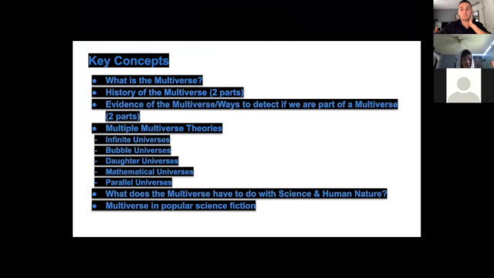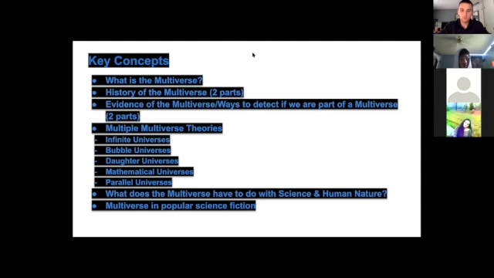So basically, the key concepts that we're going to be covering throughout the presentation will cover what the multiverse is, the history of it, which is going to be divided into two parts, evidence of it, and ways to detect if we are or not part of the multiverse, which is also split into two parts.